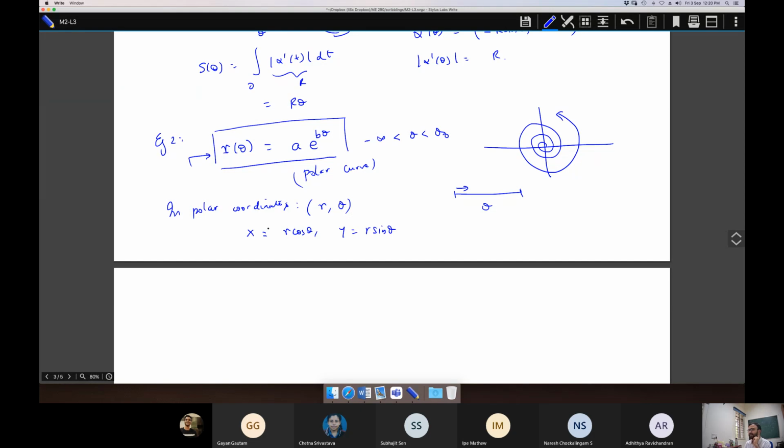Exactly the same thing is happening here. What this is saying is, if you go along this parameter range to a particular theta, the radius of the point on the curve is given by r of theta.